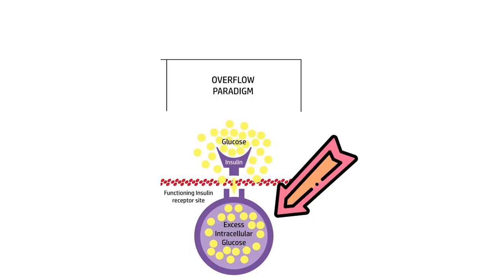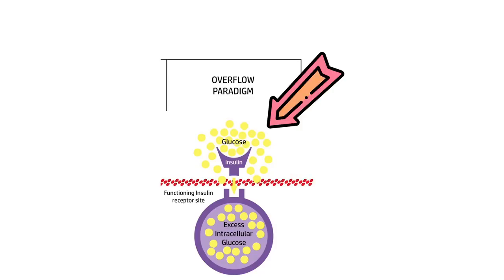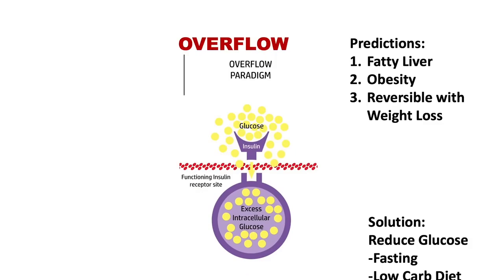If you've been pushing glucose into the cell, day after day, year after year, maybe that cell just gets overfilled. And as it becomes overfilled, you simply can't push any more glucose, and then you see the glucose piling up outside in the bloodstream. But the implication of that is very different, because you wouldn't expect that people would be skinny. You would expect that they would be overweight.